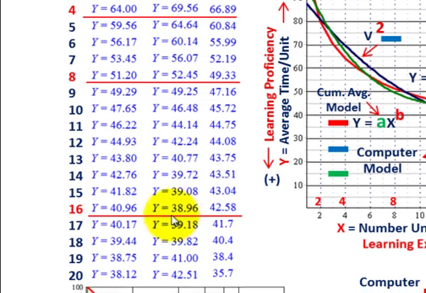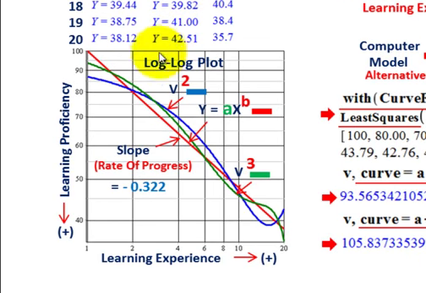And then finally, let's just go down and look at a log-log plot here. A log-log plot is good to look at because we were working with that exponential curve. So on this log-log plot, I've got the learning efficiency plotted against our y-axis. As we increase our production, we're going to become more proficient, increasing our learning proficiency.